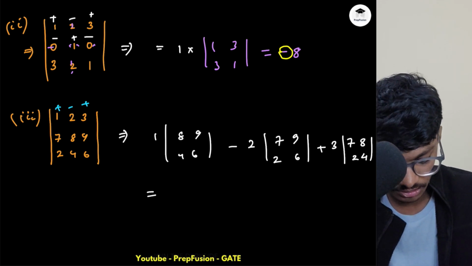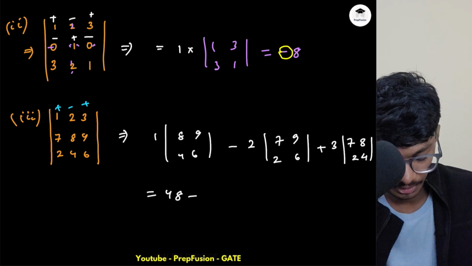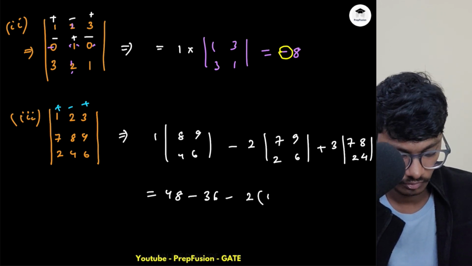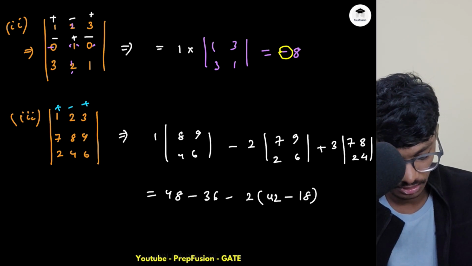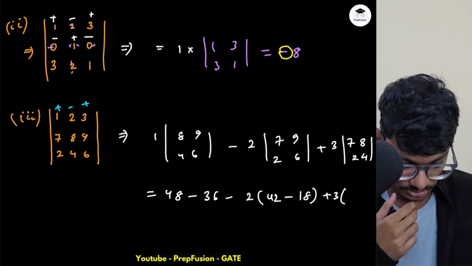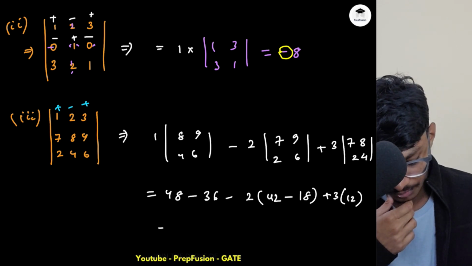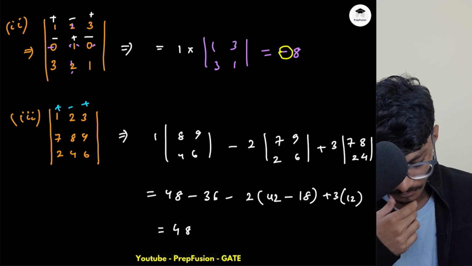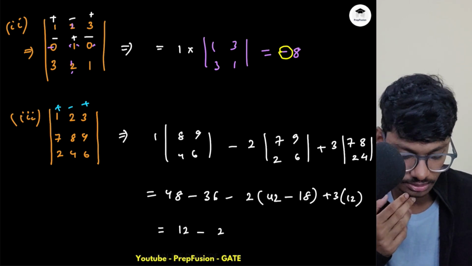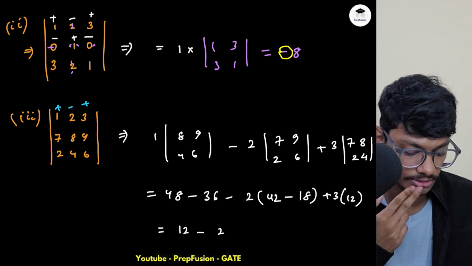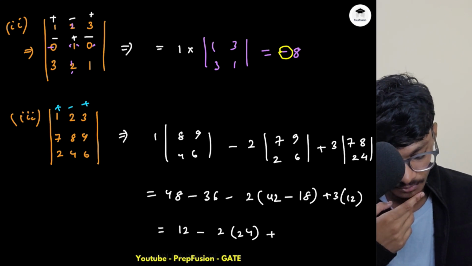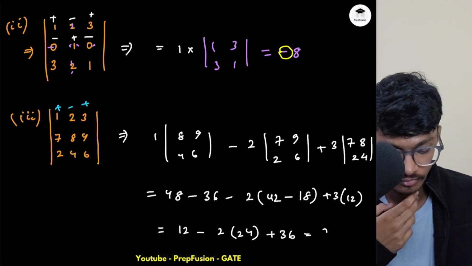So this is simply 48 minus 36, minus 2 times 42 minus 18, plus 3 times 28 minus 16, which is 12. So it is 12 here, minus 2 times 24, plus 36. What do you observe? We get 0 over here.